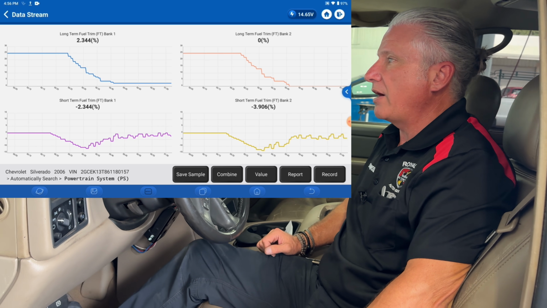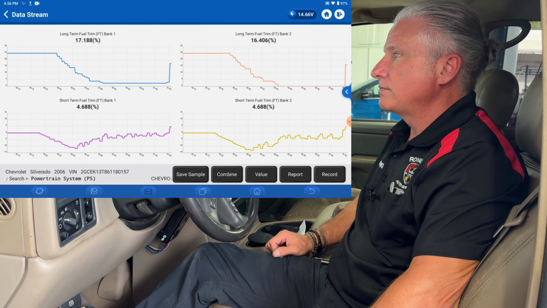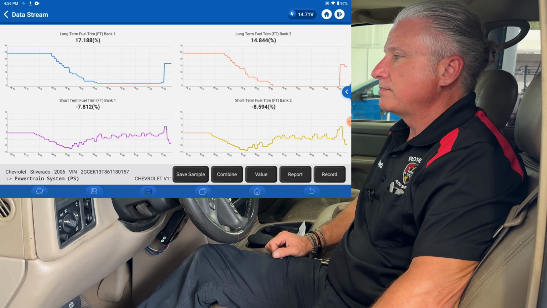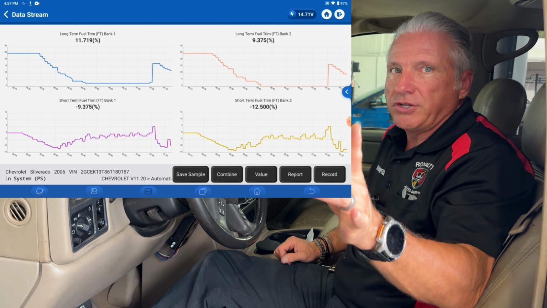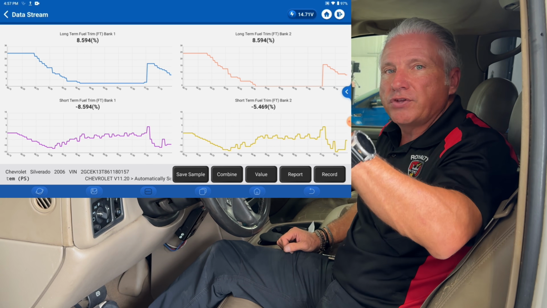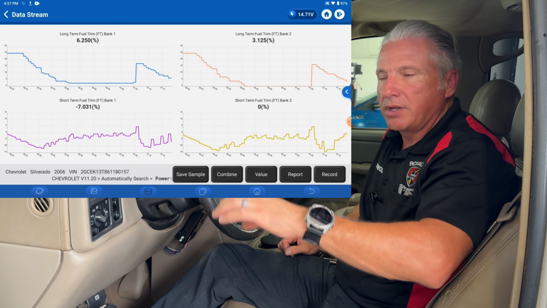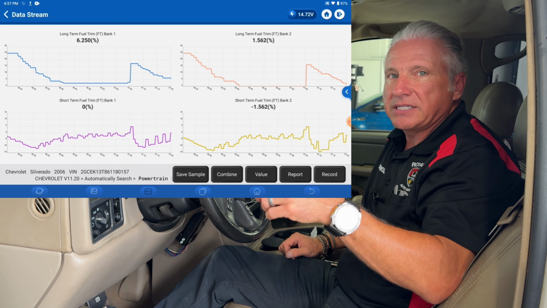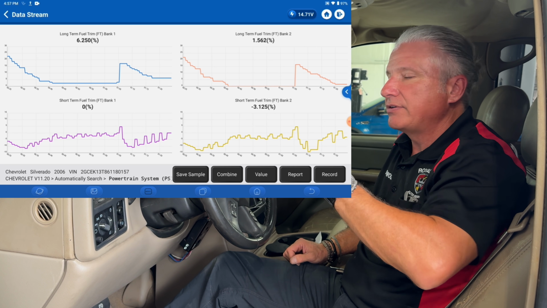Oh, absolutely. Yep. So now if we give it gas. Remember, I'm glad you said that. There are different fuel cells that this thing goes in, fuel trim cells. Notice that when I hit the gas, it went right back up to that lean deal, and then it started to correct itself.